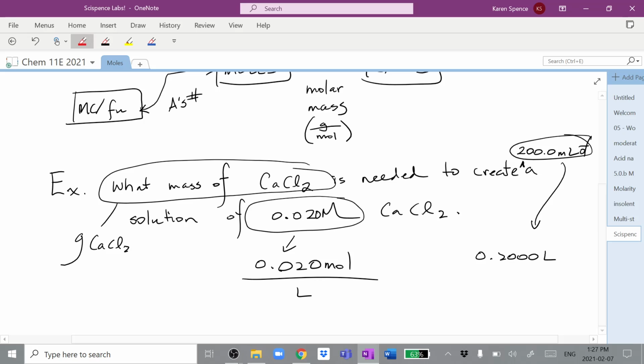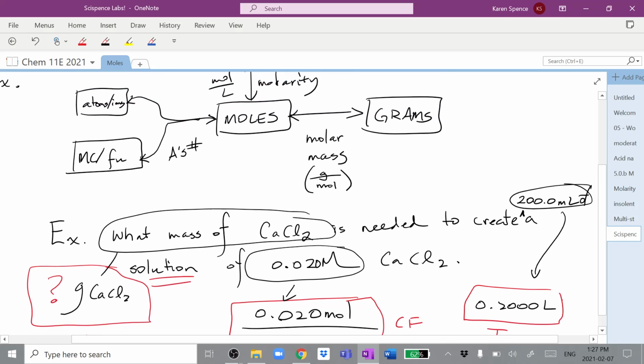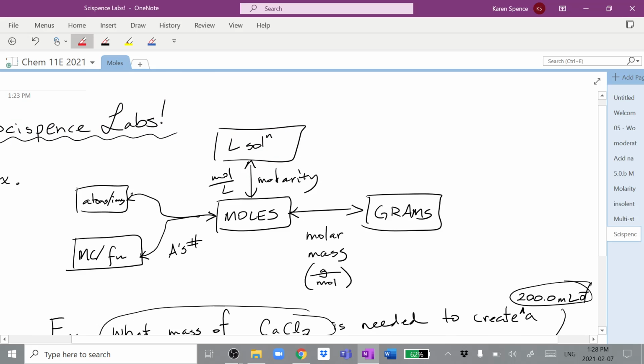So this right here has to be our initial quantity. Moles per liter, that's going to be a conversion factor. And this is our unknown. So we are starting with liters of a solution. We're starting here.